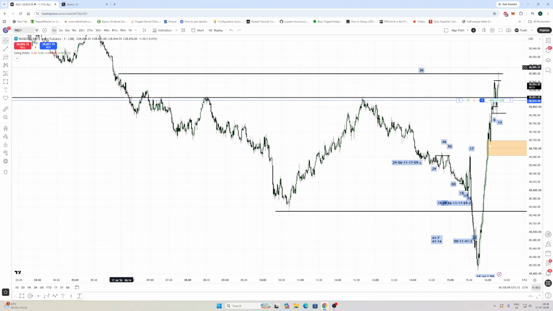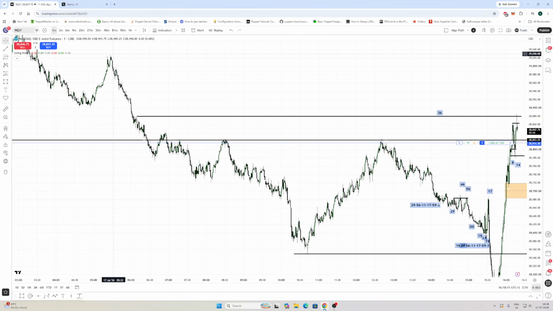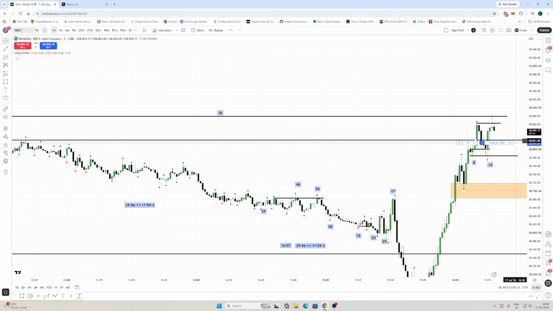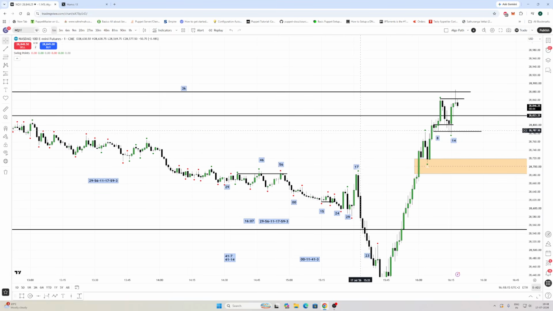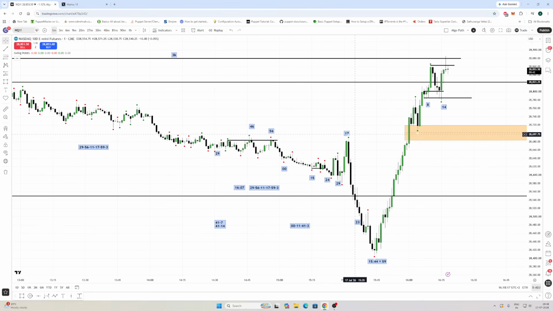So now we took all the liquidity here. It can still climb up, but we can close it here. To summarize, I think this is enough. I was tracking at the open 29, the algo reverse, and I had everything, but this 32 didn't make sense for me. That's why I didn't engage.